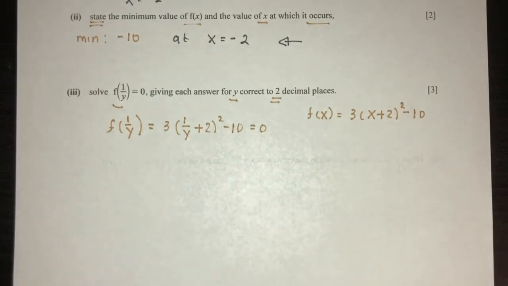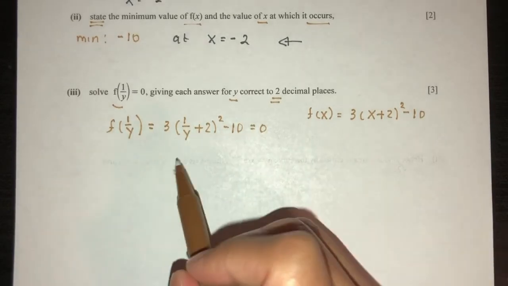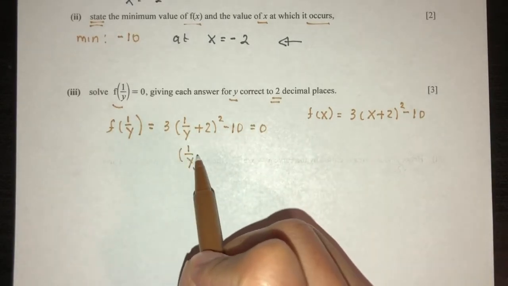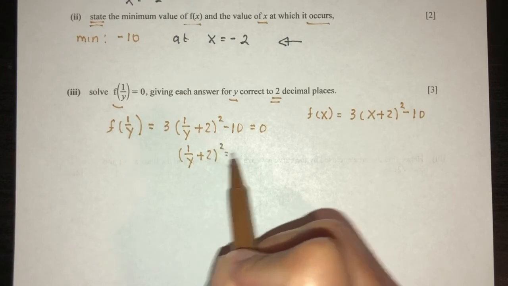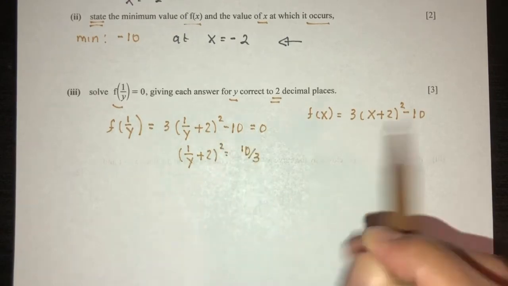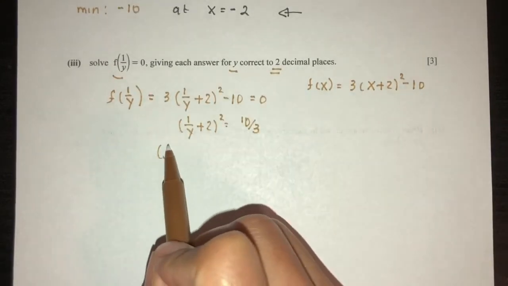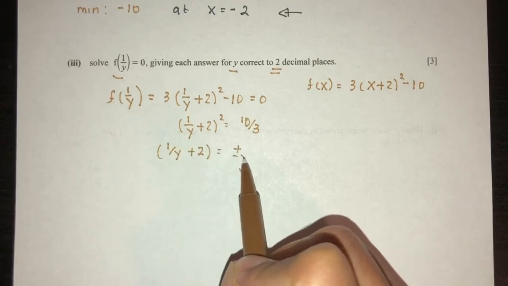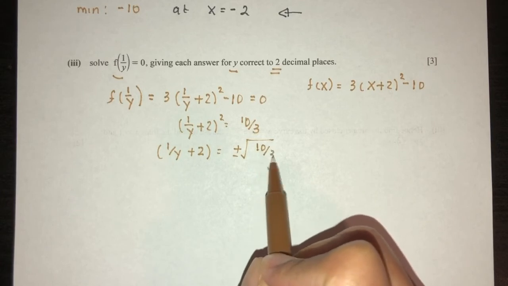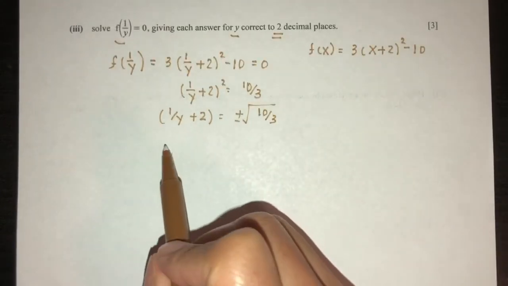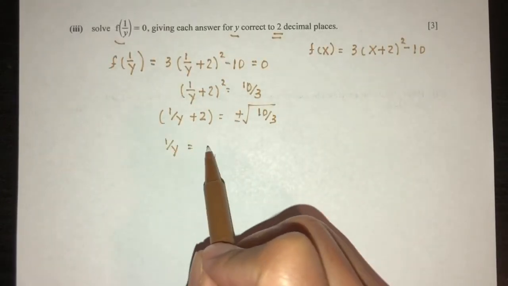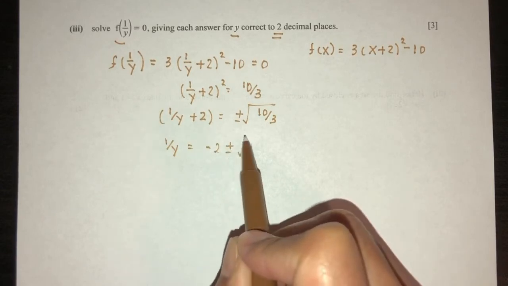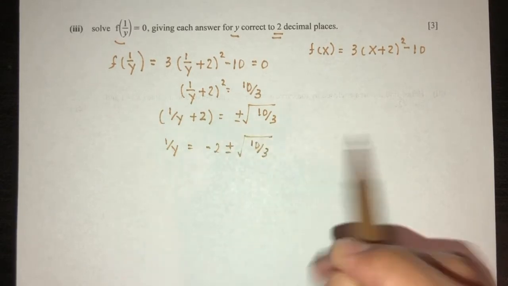Let's solve. We have to make y the subject of the formula. Step by step, (1 over y plus 2) squared is 10 over 3. Now 1 over y plus 2 is equal to plus or minus root of 10 over 3. Now 1 over y is equal to minus 2 plus or minus root of 10 over 3.